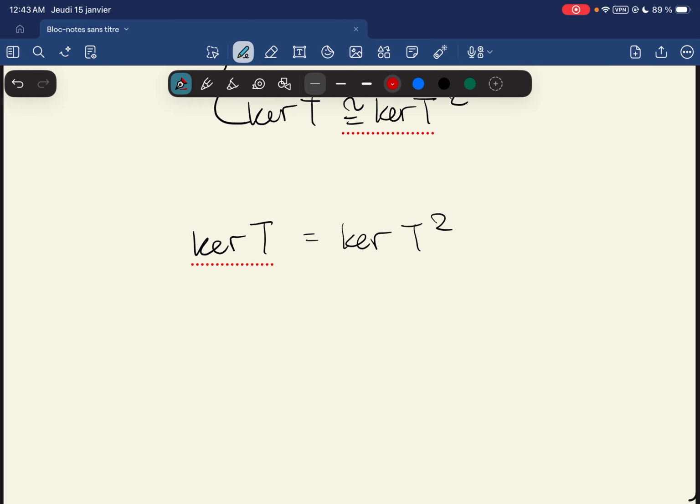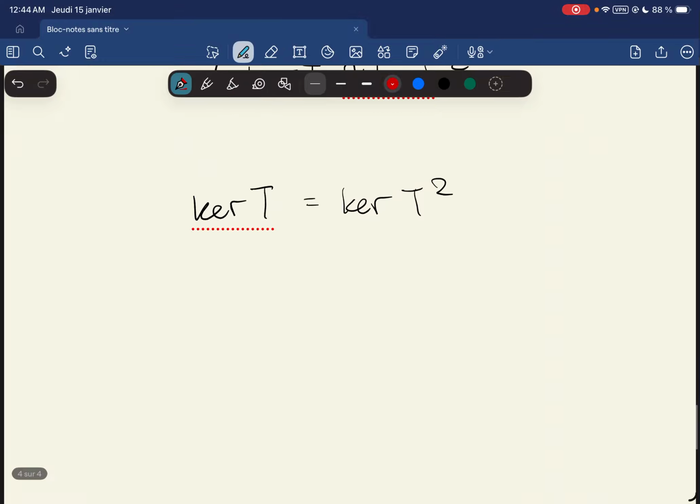So anyway, here is our result. We have shown that the kernel of T is the same as the kernel of T squared. Well, do you remember what we have to show? We have to show that the kernel of T intersect the image of T is the zero vector.